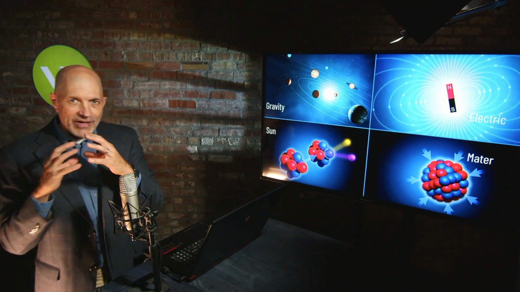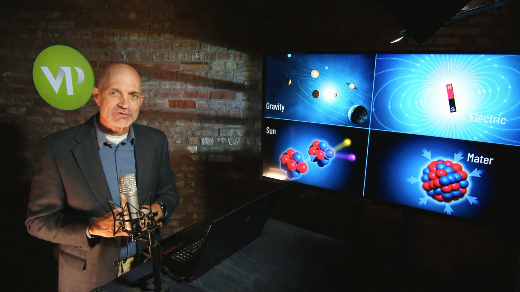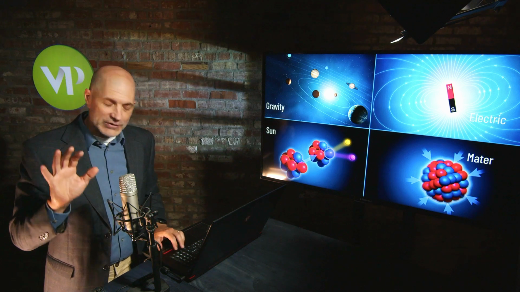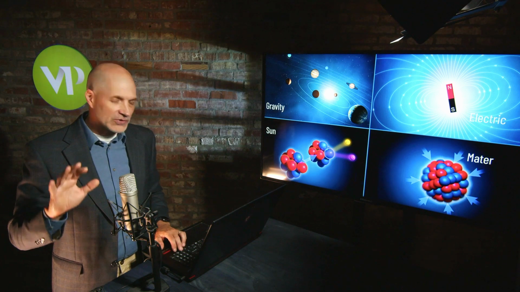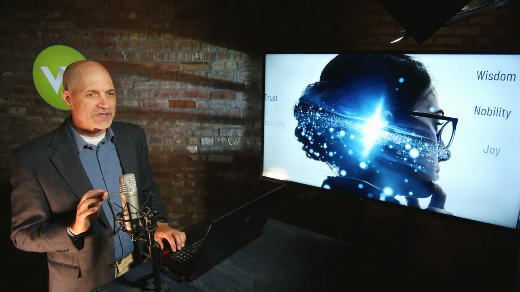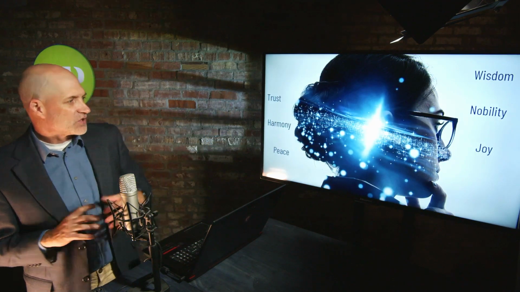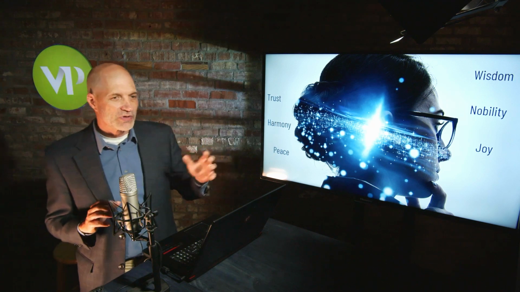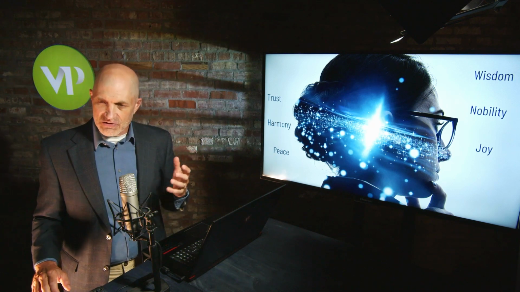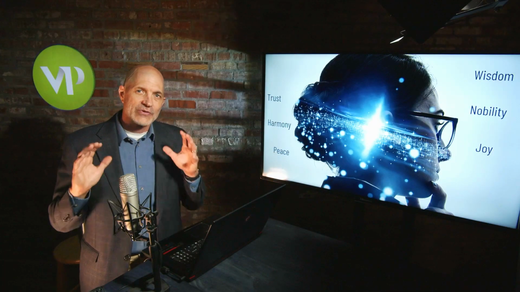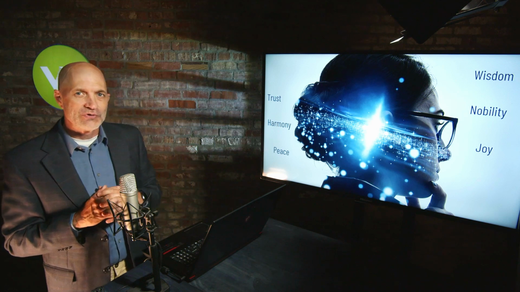Like those forces, we have forces that hold our cultural and relational world together. These are 6 forces that I call trust, harmony, peace, wisdom, nobility, and joy. Together, these shape your universe in a way that will hold everyone together and keep everyone going in the right direction for your culture.